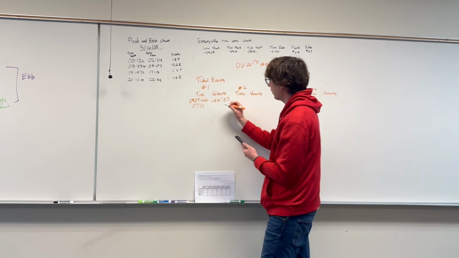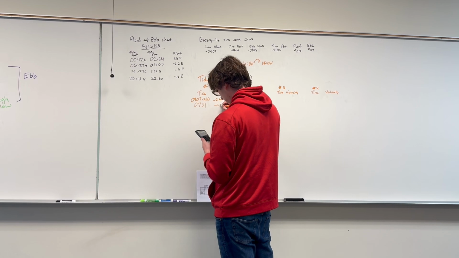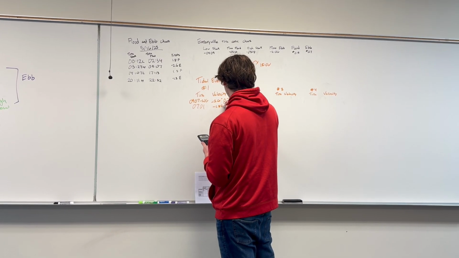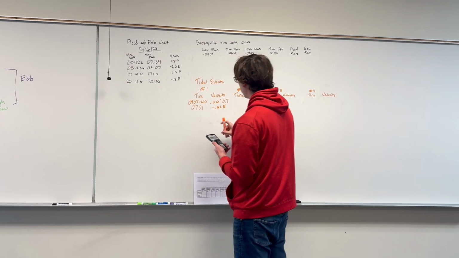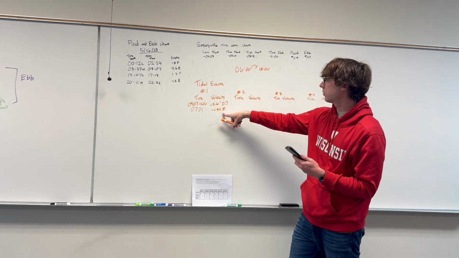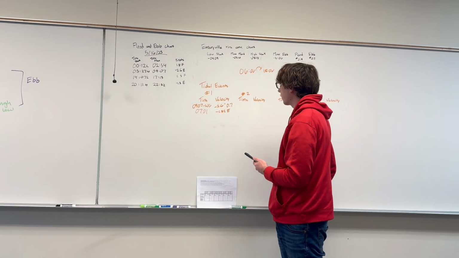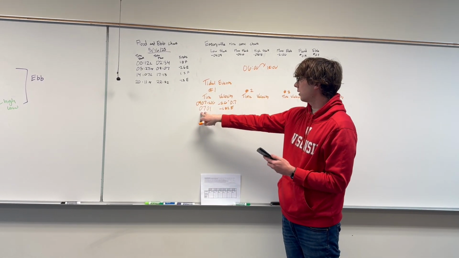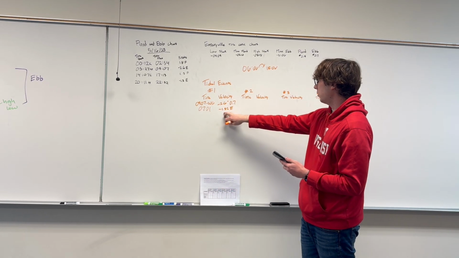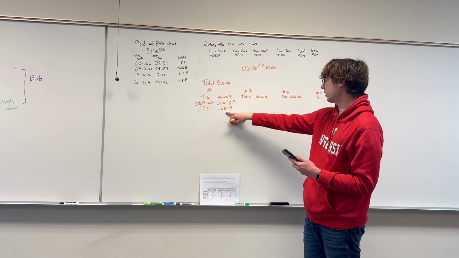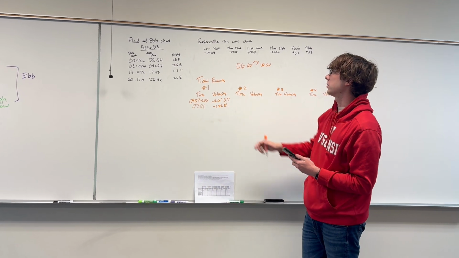Which will give us negative 1.82 knots. And then you have to write E next to it because it's an ebb current. And so for the first tidal event we worry about, it's going to be 7:01 a.m. with negative 1.82 knots, and we put E for an ebb.